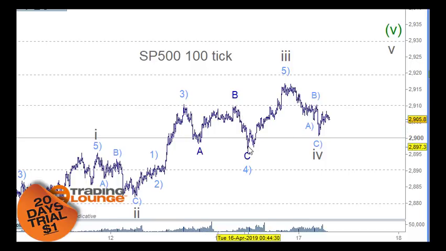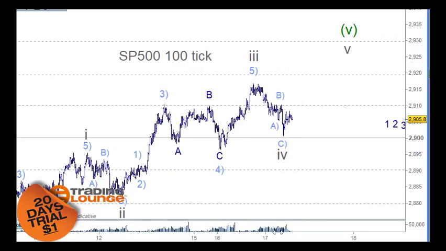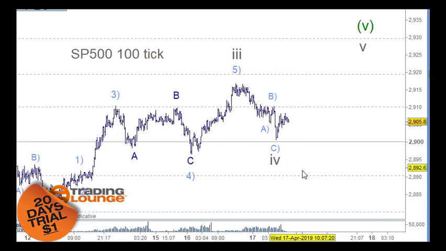We've got 5 waves in this little structure here for wave C, so that's okay. This is all okay. Yeah, I mean, it's possible that this can be the wave 4 here. So it just helps us with a bit of clarity in the sense that if this 29 here is breached, then you can be on the short side.